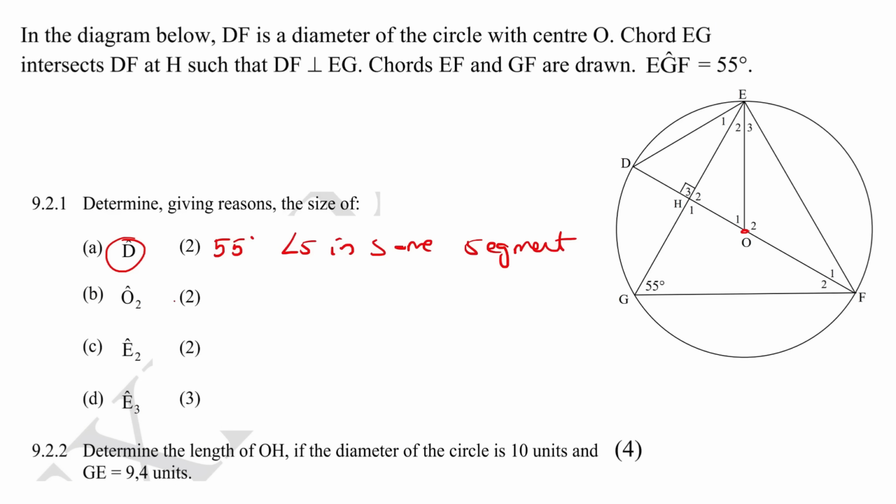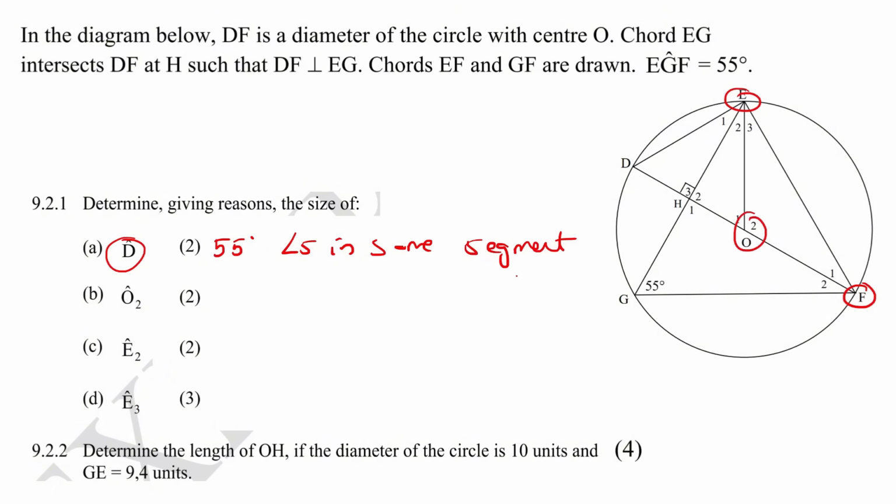Okay, this question, O2 is over here. O2 is going to be exactly double that, because we can see that O2 also comes from EF. Remember, EF is the chord that created G. However, O2 is a center angle, whereas this one is on the circumference.